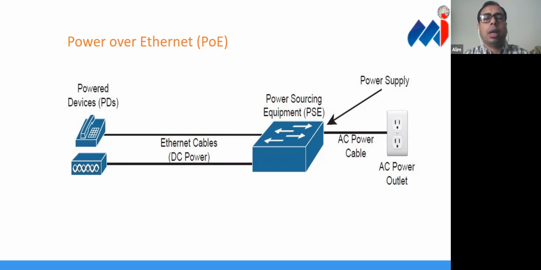You can install this type of device without installing an AC power outlet, because installing an AC power outlet outside the building is difficult, because water will cause a problem if electric power cables are exposed to rainwater.